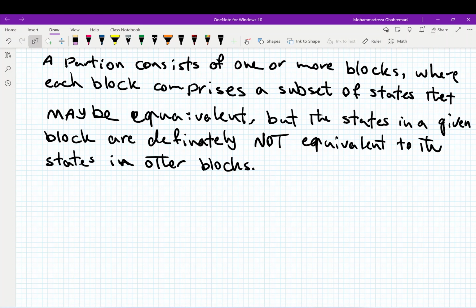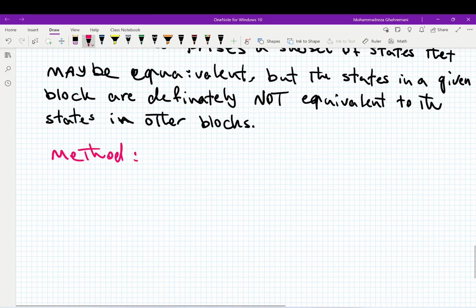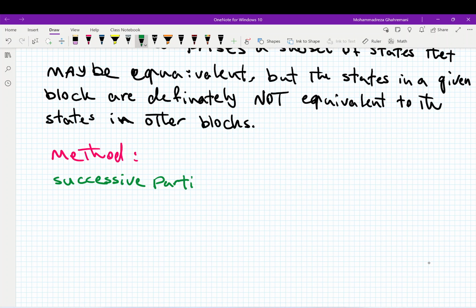Okay, so what's the method for doing this reduction? We have some definitions again. The first definition is successive partitions. What does each partition mean? So successive partitions P sub k.